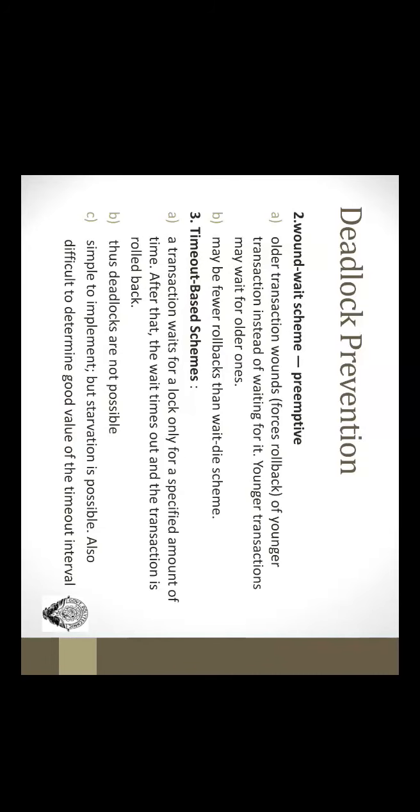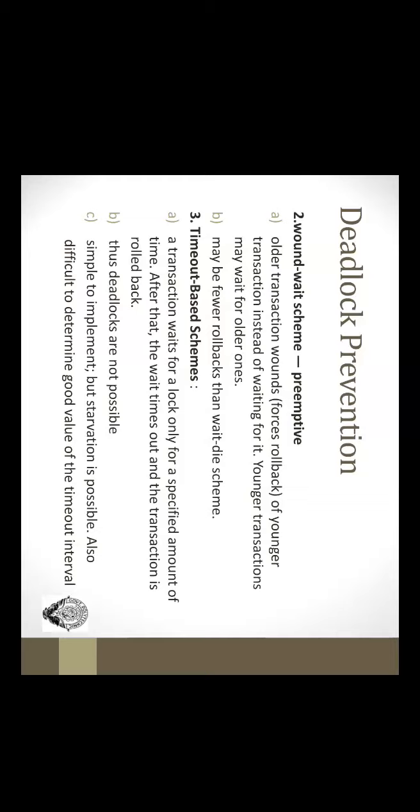The second scheme is the wound-wait scheme, a preemptive scheme. An older transaction wounds the younger transaction instead of waiting for it. A younger transaction may wait for older ones. This particular scheme is exactly the opposite of the wait-die scheme. The older transaction rolls back the younger transaction instead of waiting for it.